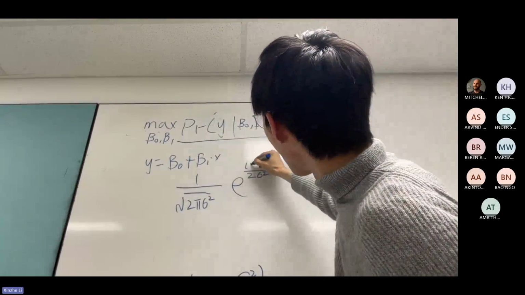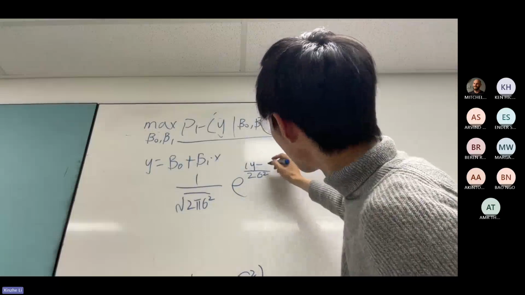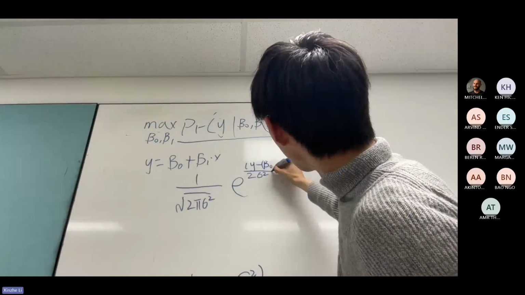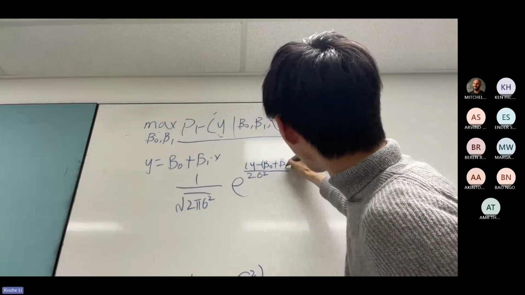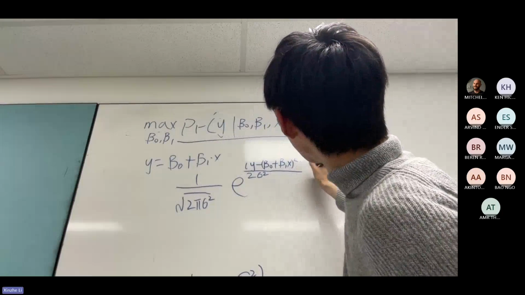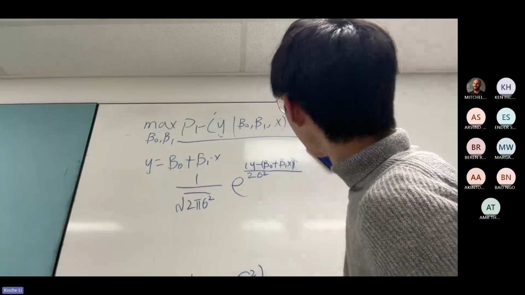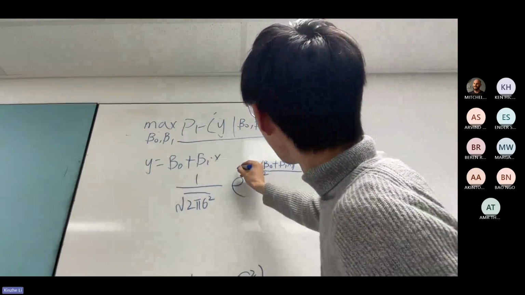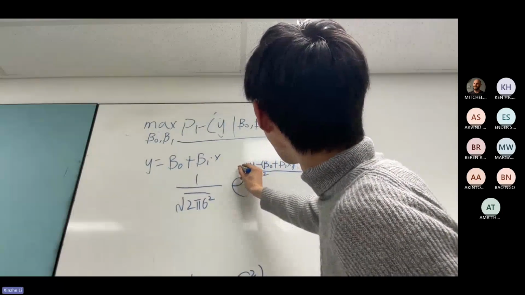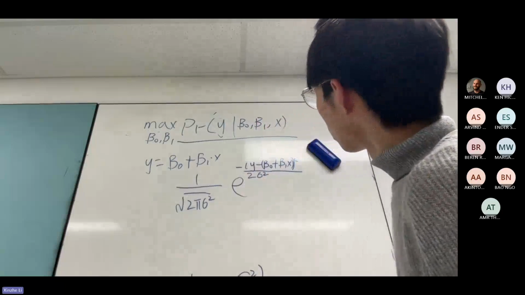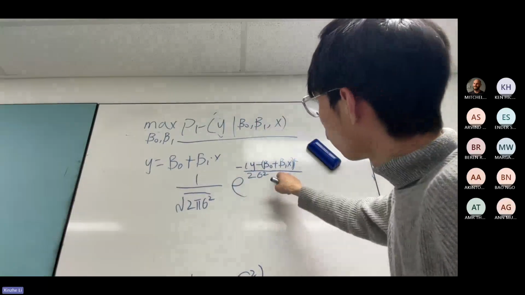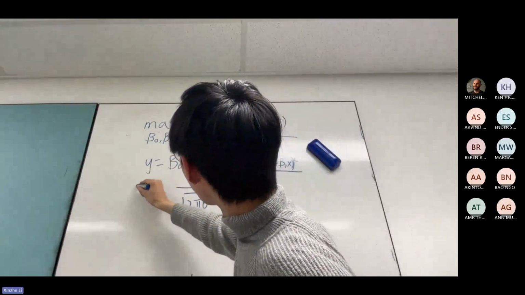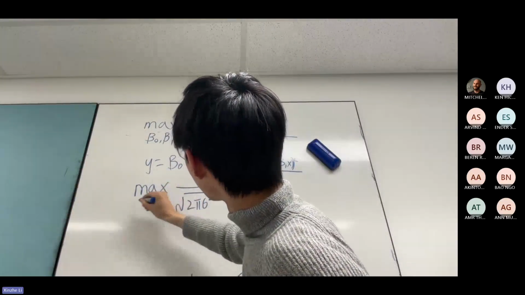The random variable is Y, then minus the mean. What's the mean here? The mean is beta 0 plus beta 1 x, squared. I should give a minus here. This is the PDF of the normal distribution. So now we can see what we want to maximize is this.